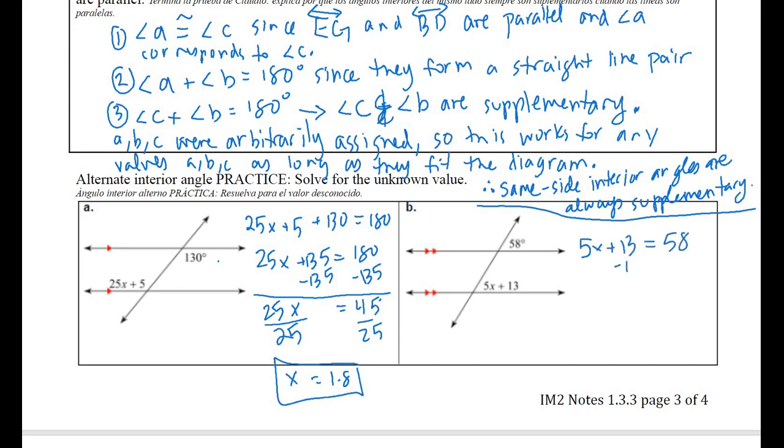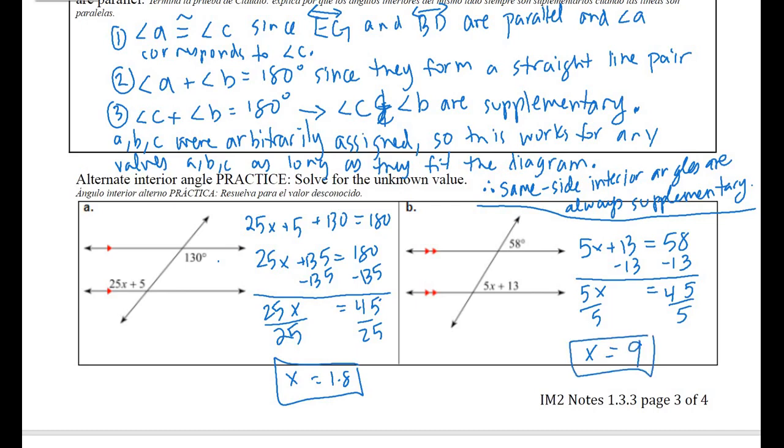I subtract 13 from both sides, which gets me 5x is equal to 45. Dividing both sides by 5 reveals that x is equal to 9.